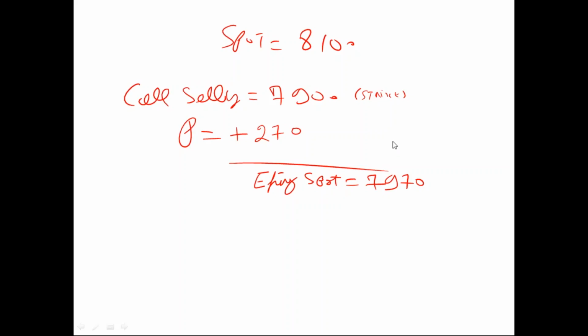See, always remember the intrinsic value is spot minus strike. If you buy call or if you sell call, doesn't matter. Intrinsic value will be the same formula, spot minus strike. So I've given you enough time. You're selling, so you have to buy the call 7900.